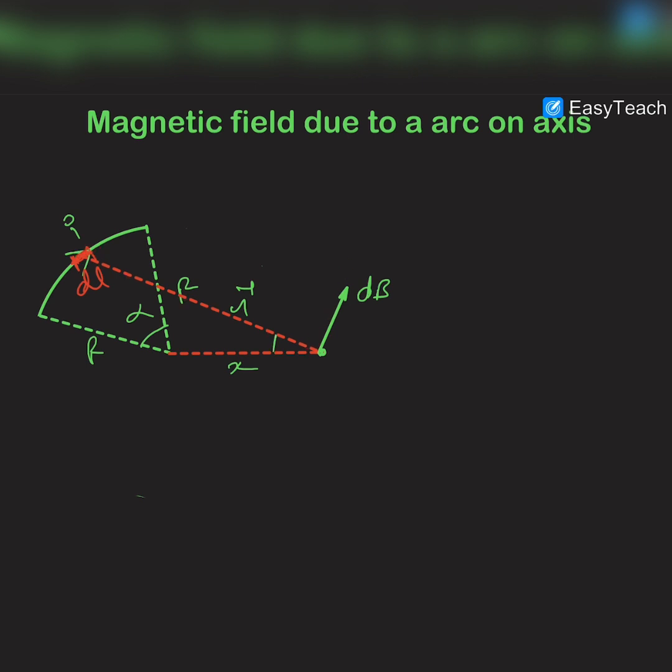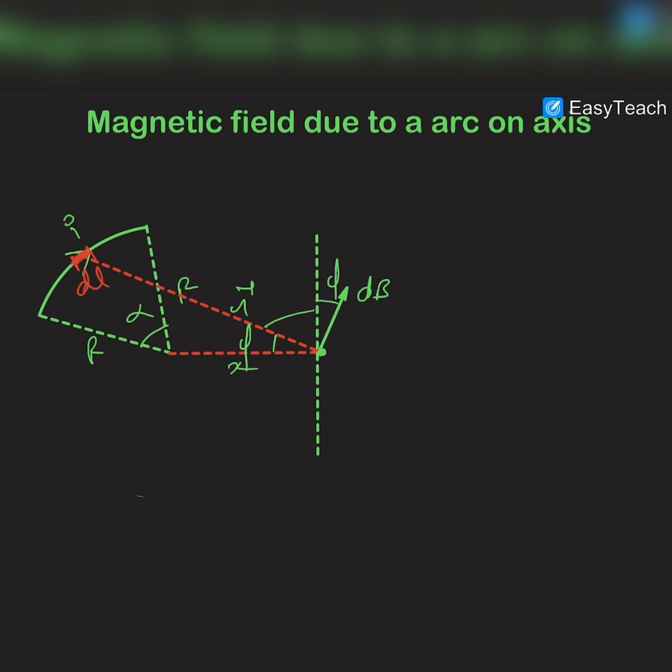So if this angle is phi, then this is 90 minus phi, and this is phi.